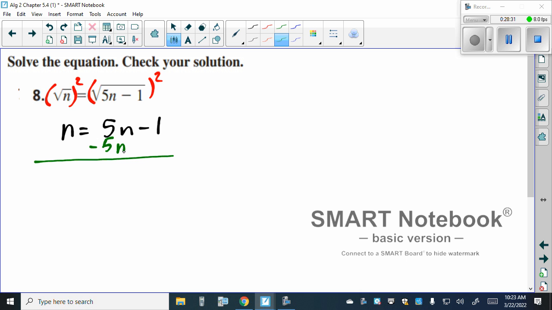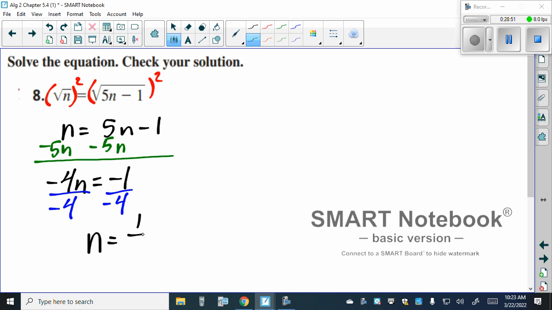Subtract 5n, which would tell us that negative 4n is equal to, divide by negative 4. And if we plugged it back in, we would get that they're the same.